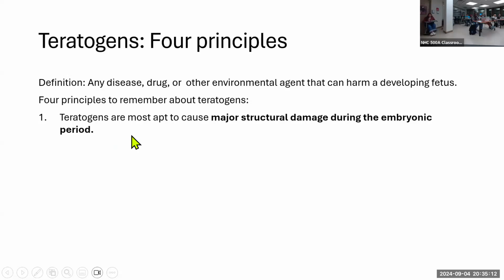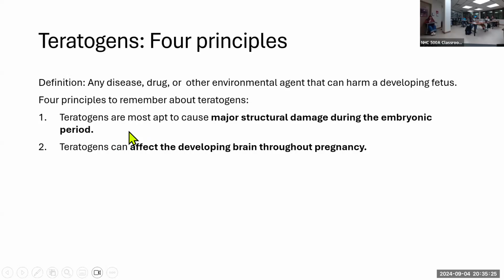First, the embryonic period is when the developing baby is most vulnerable. Serious defects occur during the first eight weeks, well, week two through week eight. Secondly, all throughout the pregnancy, teratogens can affect the developing brain. Later in pregnancy, there might be more subtle effects, learning disabilities, behavioral problems.